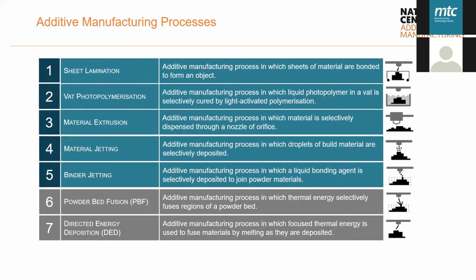So first one's, what AM standards are the MTC working on? Right. Okay. So the MTC are working currently on an AM decision guide. That's going to be a standard for you to make a decision on which additive process is going to be most suitable for the component.